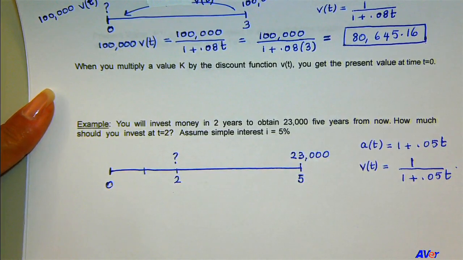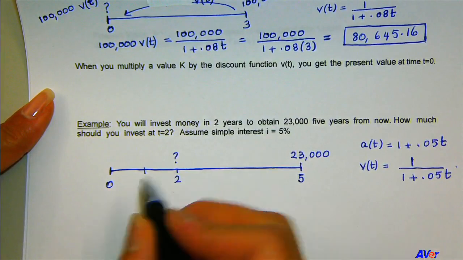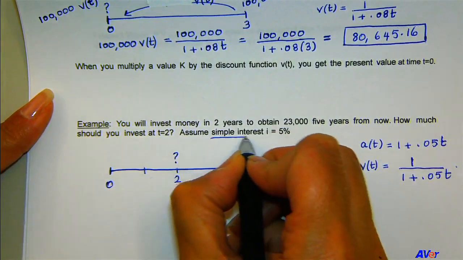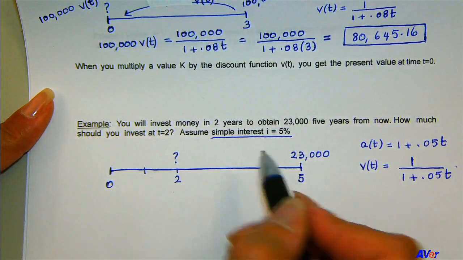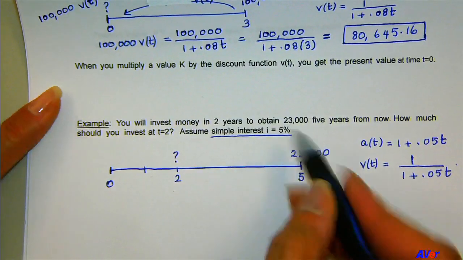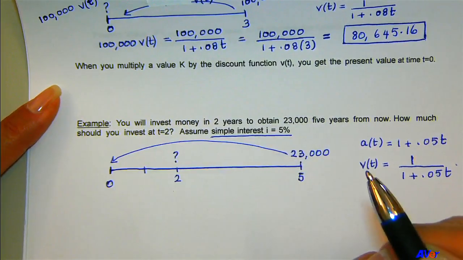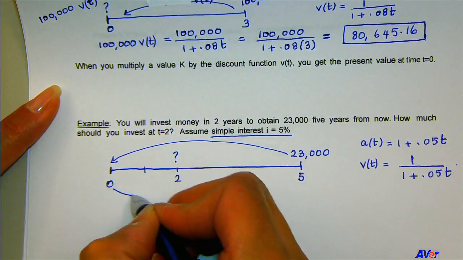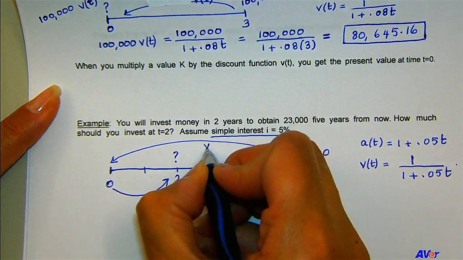So the answer to this question is, if you are using simple interest, which I am right now, it's really important to distinguish between simple and compound. If you are using simple interest, you can only do this problem by bringing this 23 back to time 0 and then growing it to time 2 using V of 5.